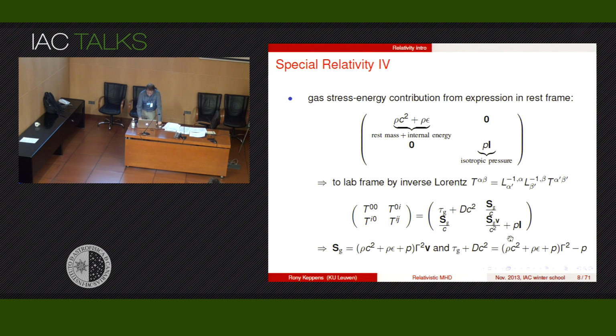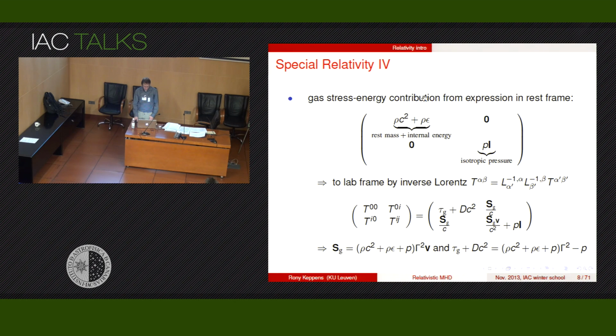And if I have an isotropic pressure, then that diagonal pressure, 3 by 3 matrix, is setting my isotropic pressure. And my energy density, I know, it is my internal energy that I was always used to working with already in Newtonian cases, right? So this is sort of the P over gamma minus 1 plus the rest mass.